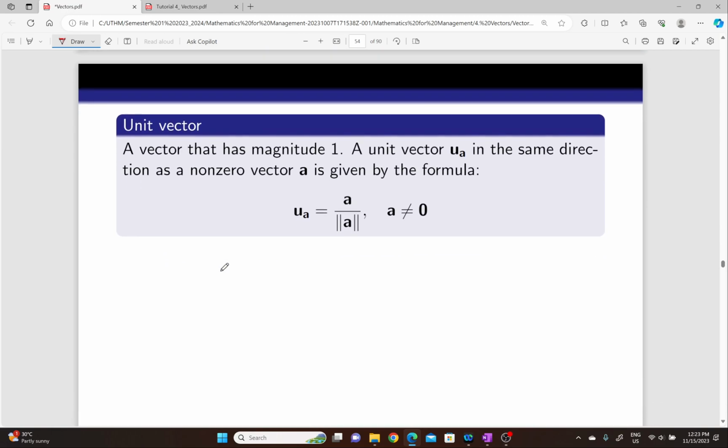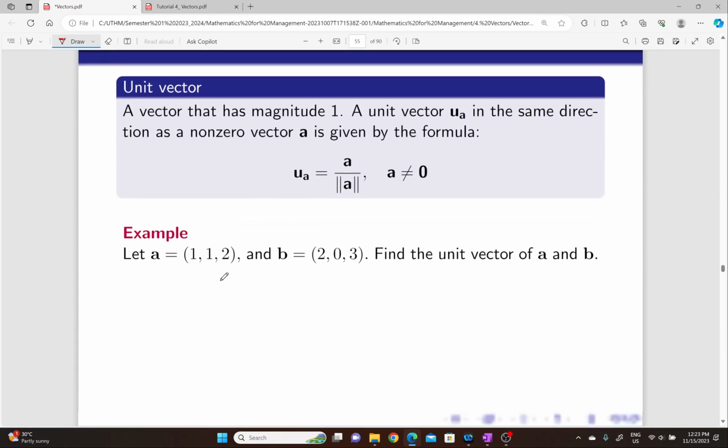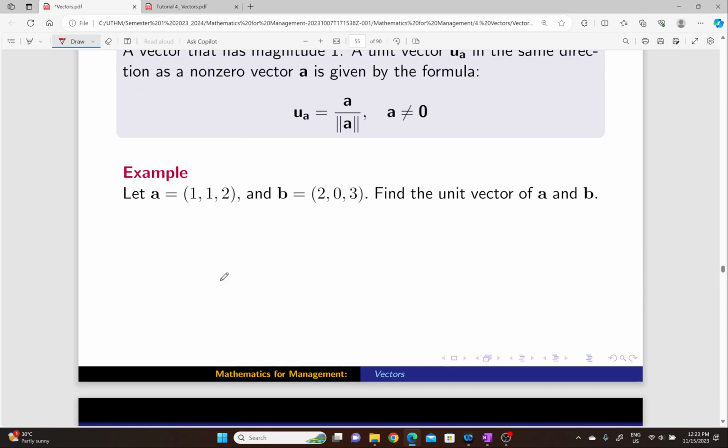Now the unit vector. There's one notion known as a unit vector, whereby once you find the unit vector, the vector has a magnitude of 1, in the same direction. Finding the unit vector is quite easy. Just follow this one. Find the unit vector of A and B. According to the formula, you need to find the magnitude first.